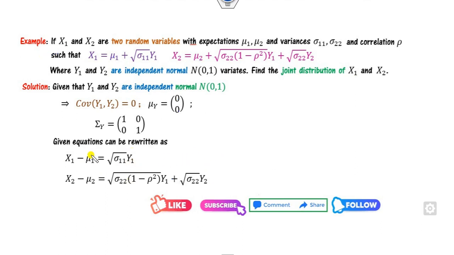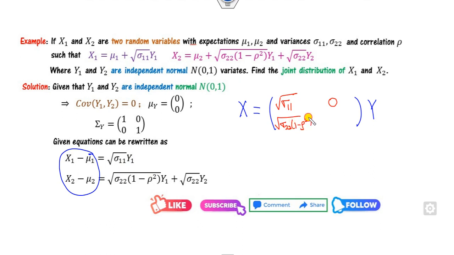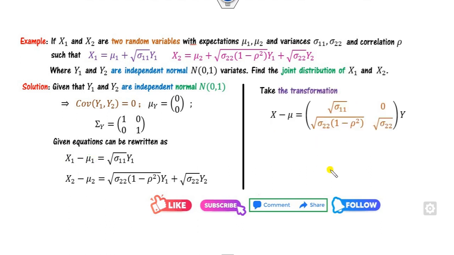Now clearly say, if I consider this is my capital X, this is my C, this is my Y. So can you write the matrix? Y means y1 and y2. What is the coefficient of the y1? Sigma 1, 1. y2, 0. Coefficient of the y1? Sigma 2, 2 into 1 minus rho square, sigma of this. Now this will be my capital C.